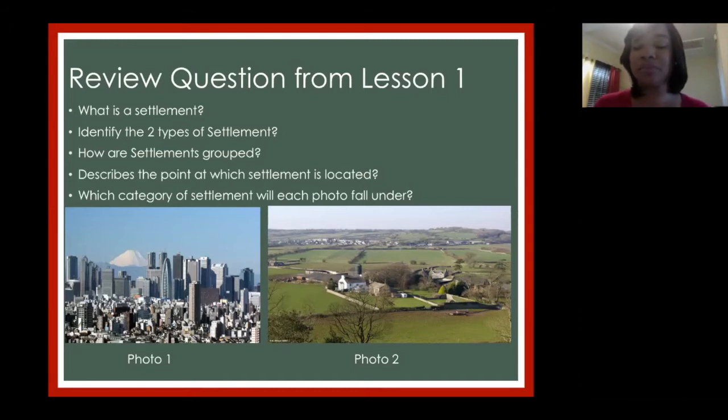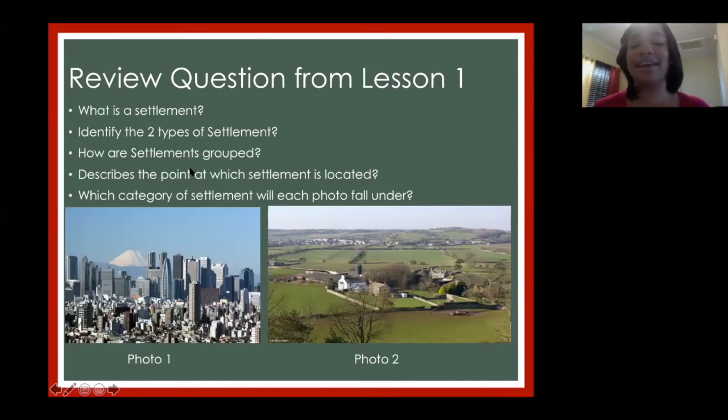So one way was location. The second one was rank. The third was function. And the last was shape. Good job for those of you who got it right. Pat yourself on the back. So question number 4.